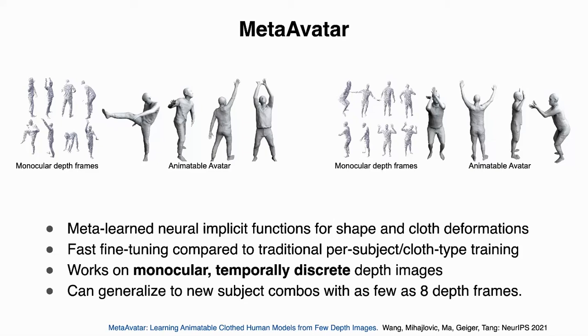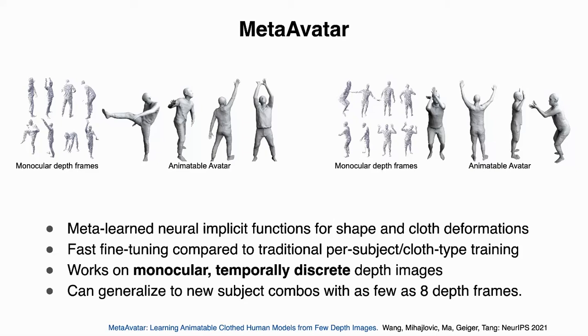Following ScanAnimate, we use neural implicit functions to represent the clothed body surface. It basically uses a continuous function to represent the 3D surface, and this continuous function is represented by a neural network.